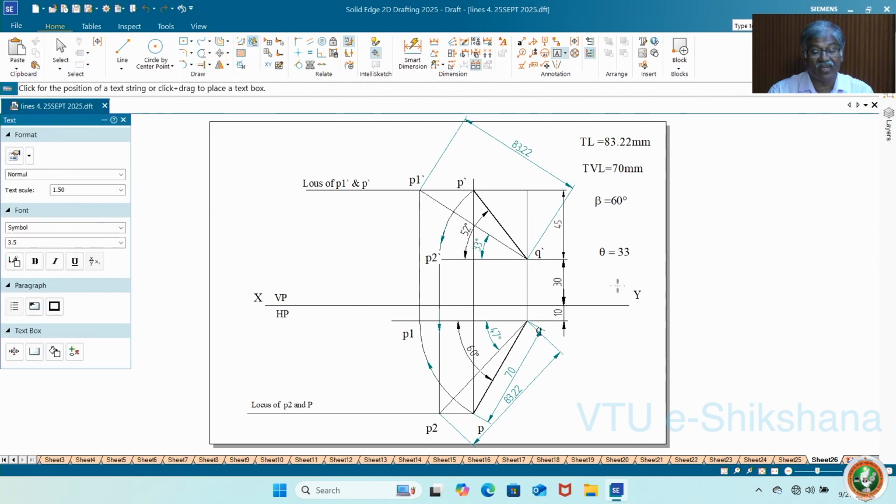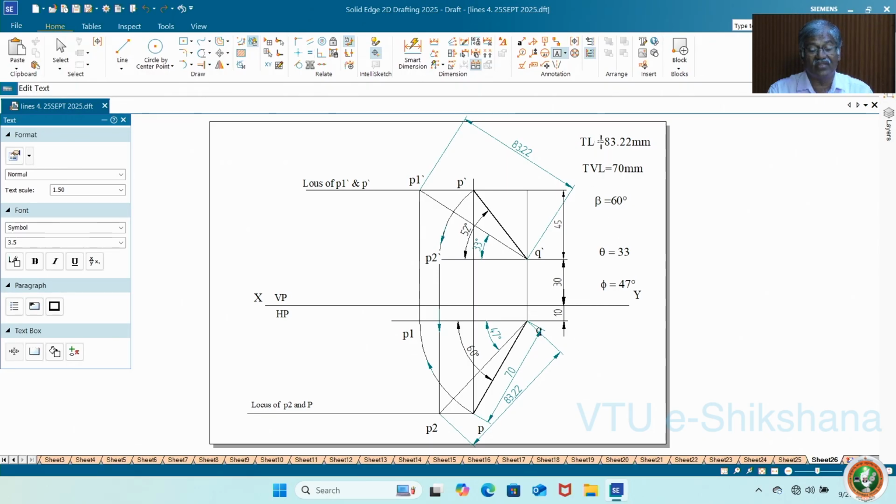The symbol is there, I can write. Theta is 33 degrees. Phi, yes, you have to type phi with respect to symbol reference. It is 47 degrees.